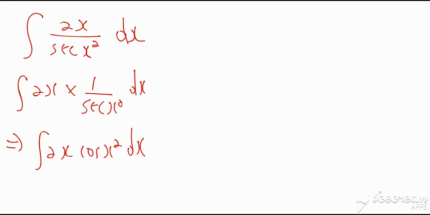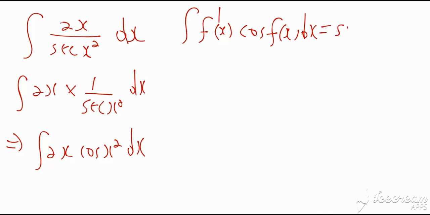Now this looks exactly like how we want it, because the differential of x squared there is 2x. So we can create a little identity here to say that the integral of f prime of x cos f of x dx is equal to sine of f of x plus c.